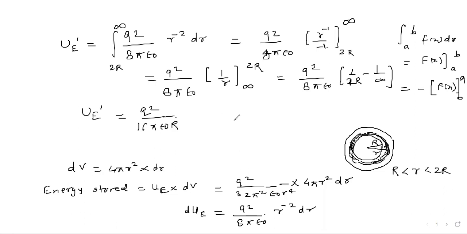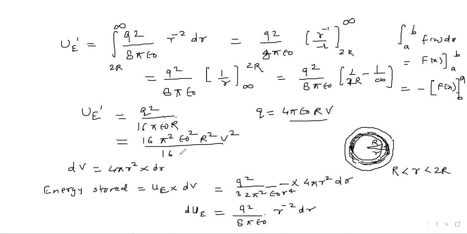r. And we know that the charge contained in a sphere of radius 2r is 4 pi epsilon naught times r V. We have already derived this. So we put this value here, with 16 pi square epsilon naught square r square V square divided by 16 pi epsilon naught r.